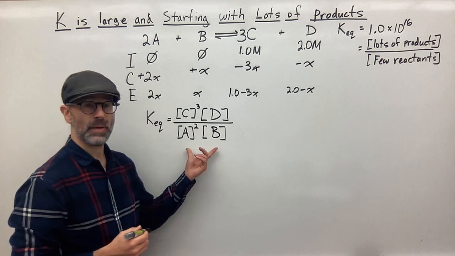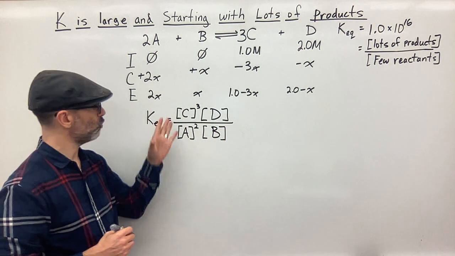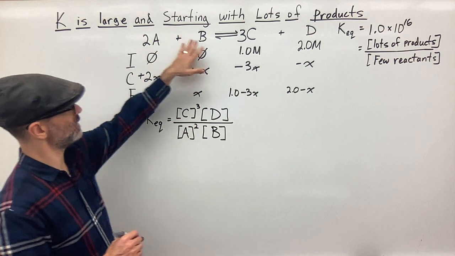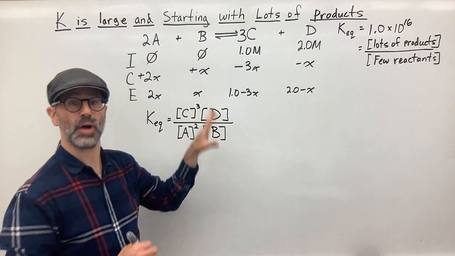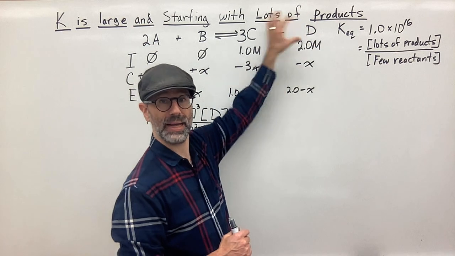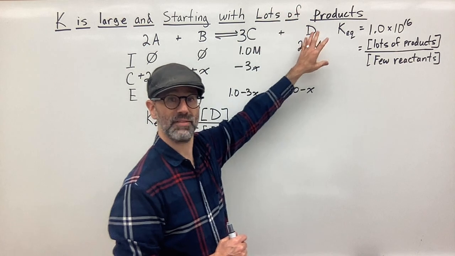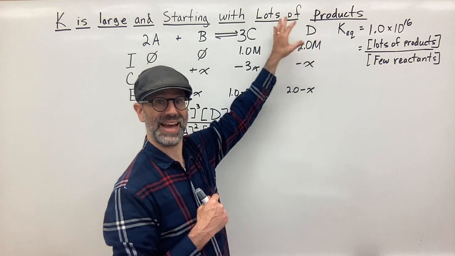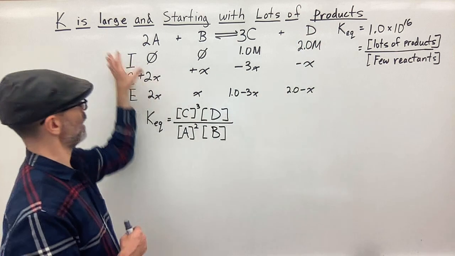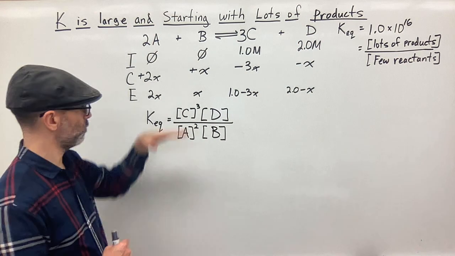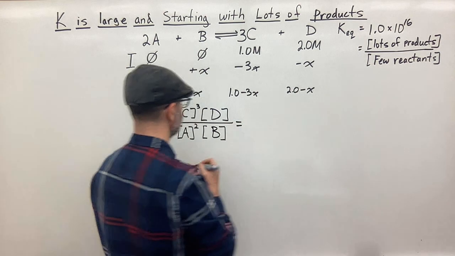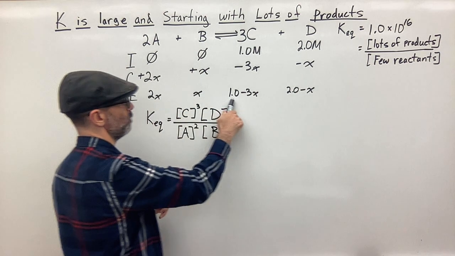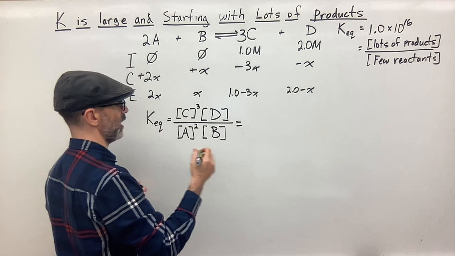And so here's my K expression. So notice that the K expression fits this equation, products over reactants. Remember, products are always on this side. Anything on the right side of the equation, that's your products. Anything on this side is reactants. So products over reactants. And so we can then plug in our equilibrium expressions with x.